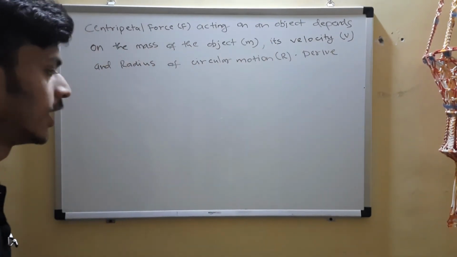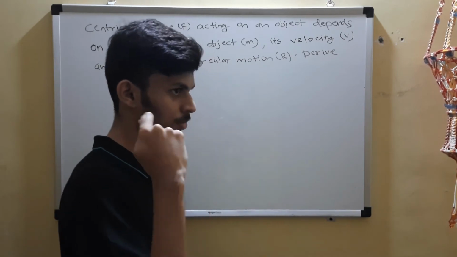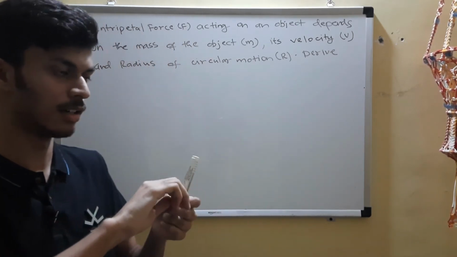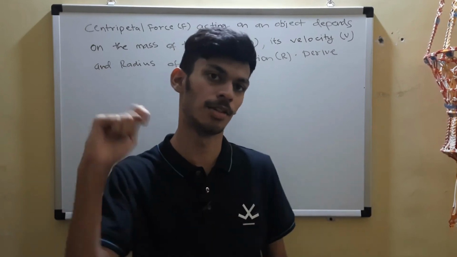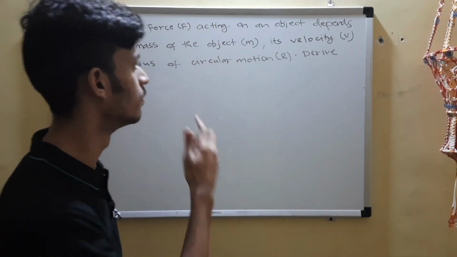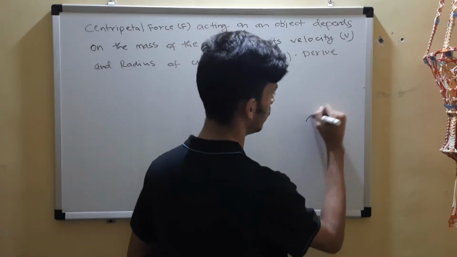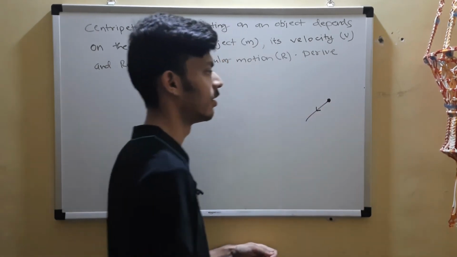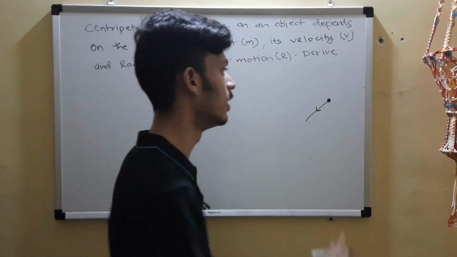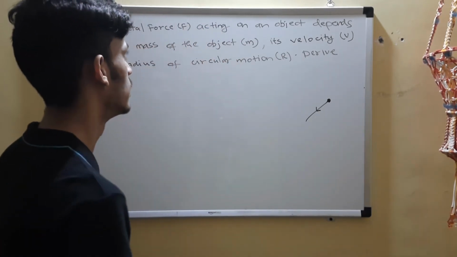So centripetal force is actually when you take a stone, tie it to a thread at the end, and revolve it. The force which acts here, towards the center, is centripetal force. It's revolving in a circle, so that is the centripetal force.